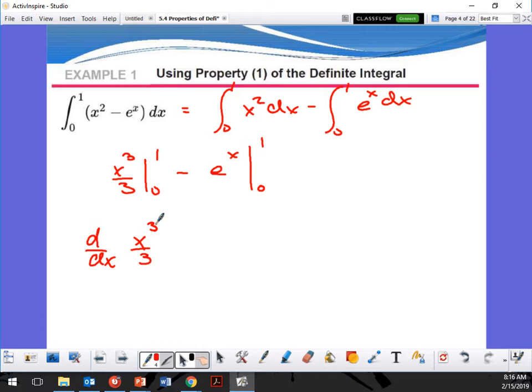The exponent goes up front, right? So the 3 comes to the front, and what do I do with the exponent? Subtract 1. So you're left with just x squared again. So the derivative and antiderivative work back and forth to each other.